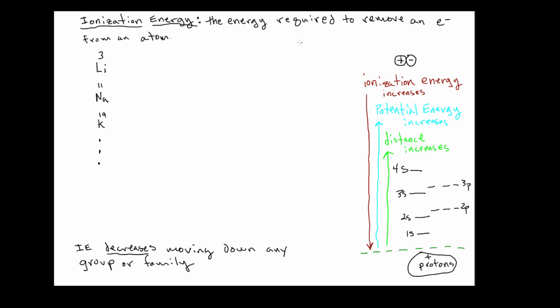Well, you've got to remember we have this principle called Coulomb's law. All right? And Coulomb's law says that the force of attraction, let me go ahead and define this in words. So force of attraction, and we're talking about the force of attraction between a proton and an electron, is proportional to charge.